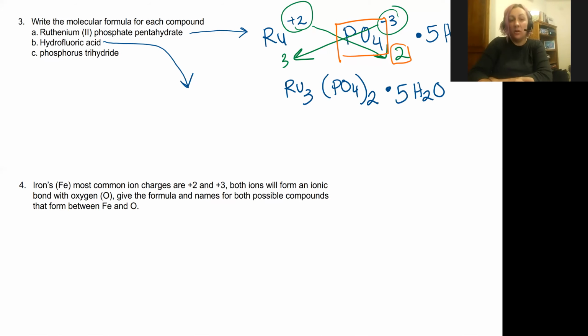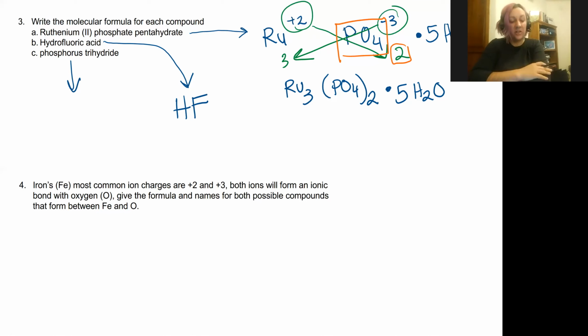And that hydro is indicating that I have just a binary acid. So I have hydrogen, and then that fluoric corresponds to fluorine on my periodic table. So I'm looking for an element that starts with FLUOR. And so my hydrofluoric acid will just be HF.